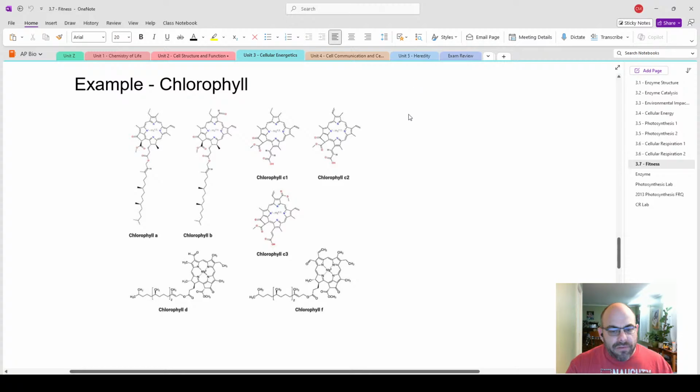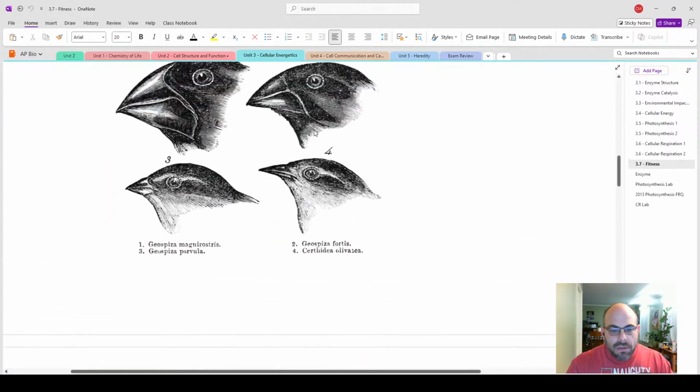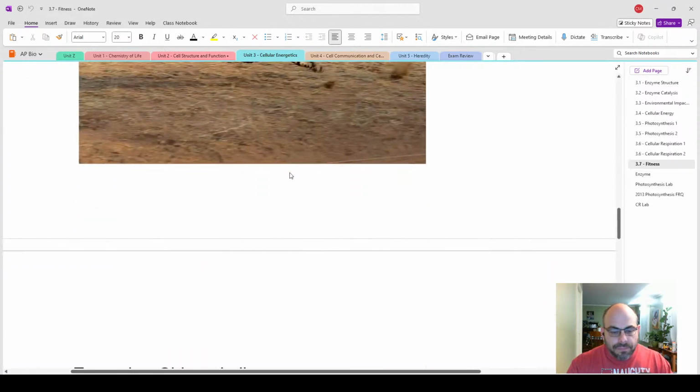One has 7 different chlorophylls, the other has 3. Which one is going to be able to take in more different kinds of light? The one that has 7. What do I mean by different kinds of light? Well, there's light of different wavelengths, different colors, all these different things going on with light, right? And so the idea here is that the one that has more variety is going to be more fit because it's going to be able to better adapt to its environment. It's the whole beak thing, right?